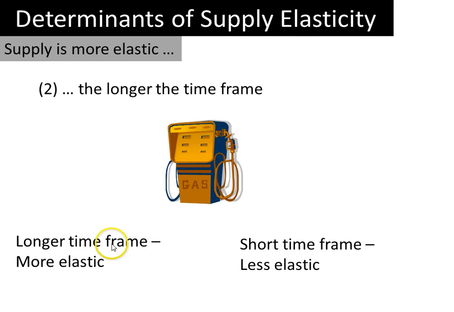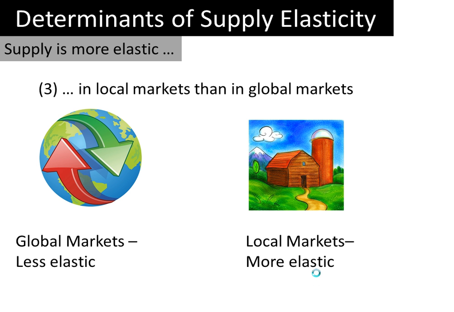So we can say that the longer the time frame over which we measure supply responsiveness or change in quantity supplied, the more elastic supply is going to be. The shorter the time frame, the less time we give producers to respond, the less elastic supply is going to be.